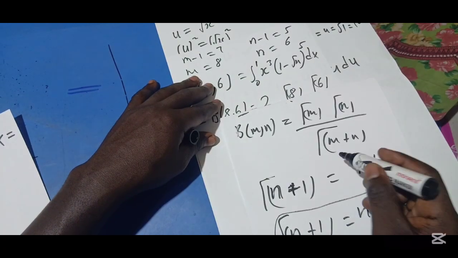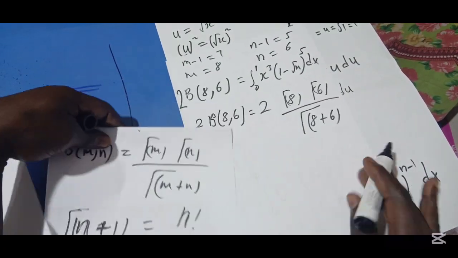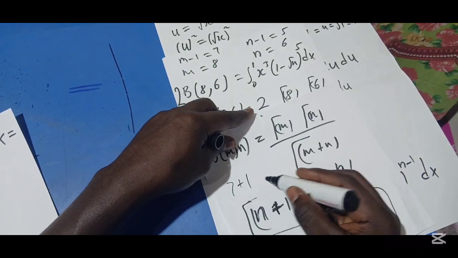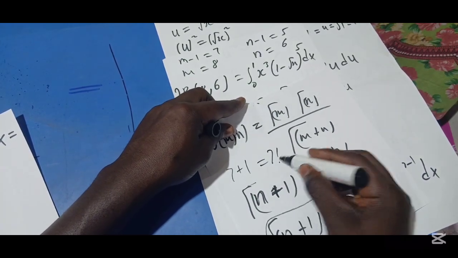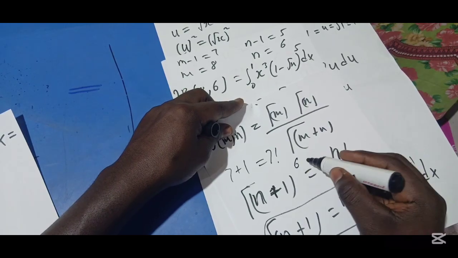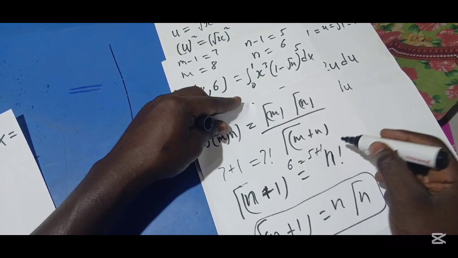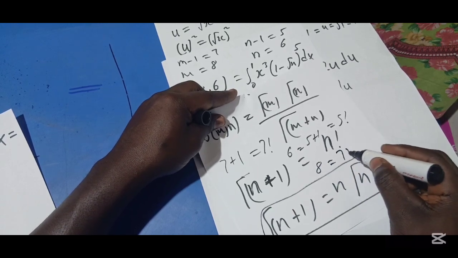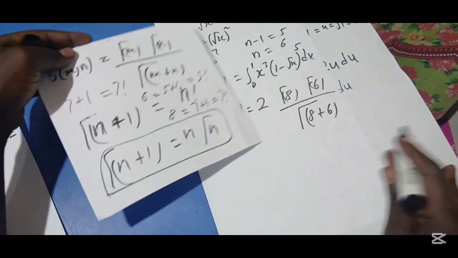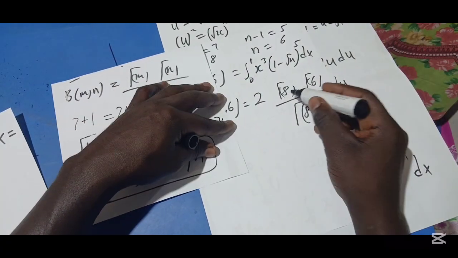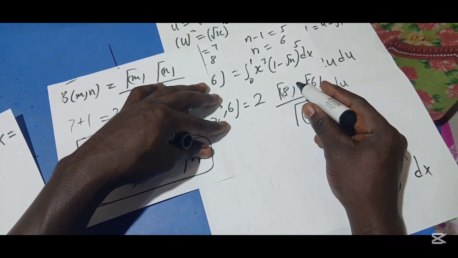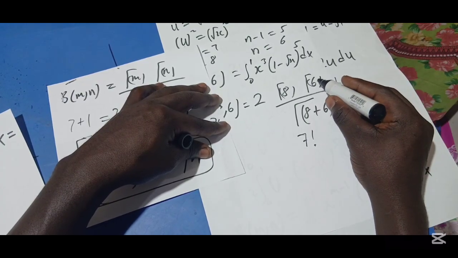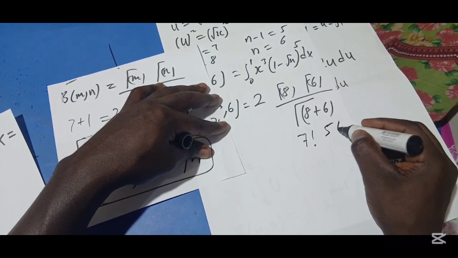So we are going to use this for that. So gamma of 8 means that if we can express 8 in the form 7 plus 1, then it's going to be 7 factorial. Gamma of 6, we express in the form 5 plus 1, which is 6, giving us 5 factorial. So 8, we express in the form of 7 plus 1, giving us 7 factorial. 6, we express in the form of 5 plus 1, giving us 5 factorial.